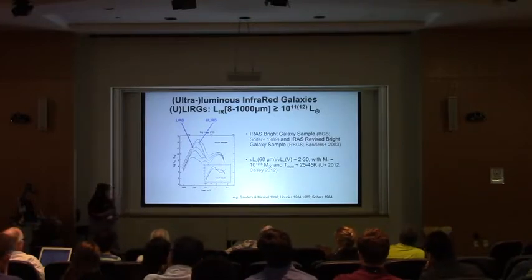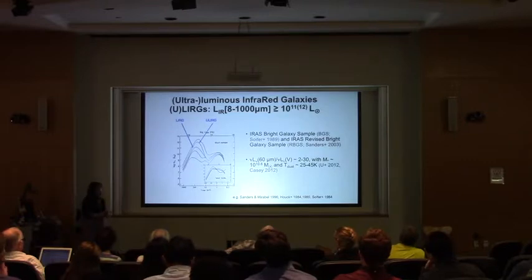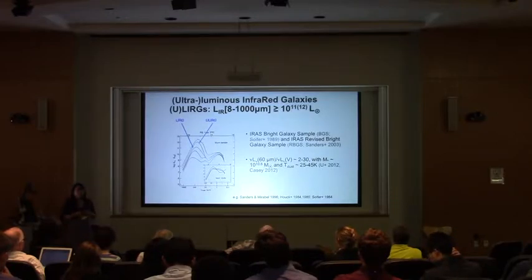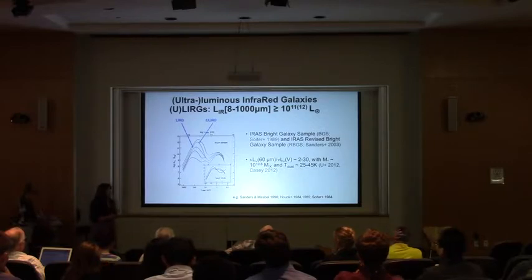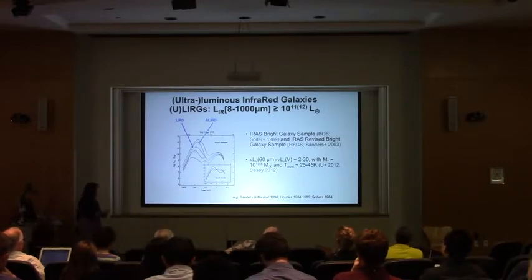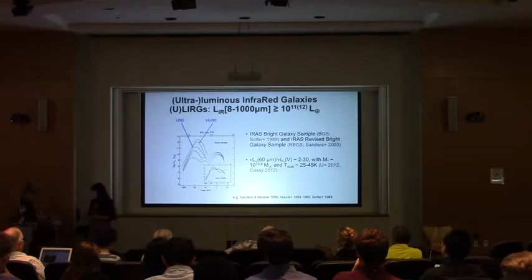We have the IRAS Revised Bright Galaxy Sample, the RBGS, defined over the years, and we've accumulated lots and lots of data to understand what the SEDs of these galaxies are like, and what that tells us about the physical properties in terms of stellar masses and dust temperatures.